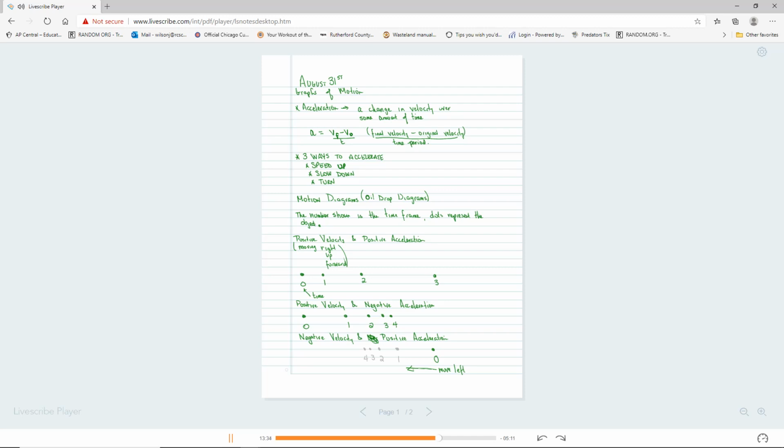And I have to change my acceleration by a positive number. Say +3. So if I'm at negative 20 and I change by +3, how fast am I going? Negative 17. And then I'll be going negative 14, negative 11, negative 8, right? You see what I'm doing?